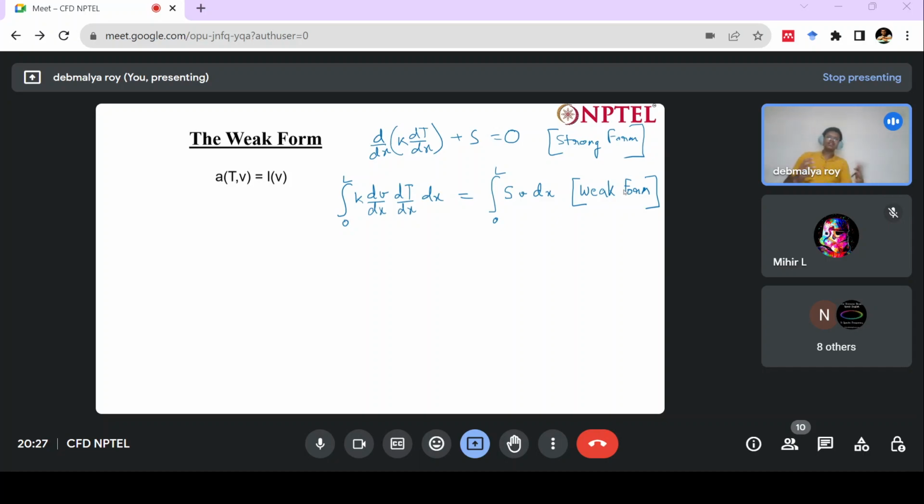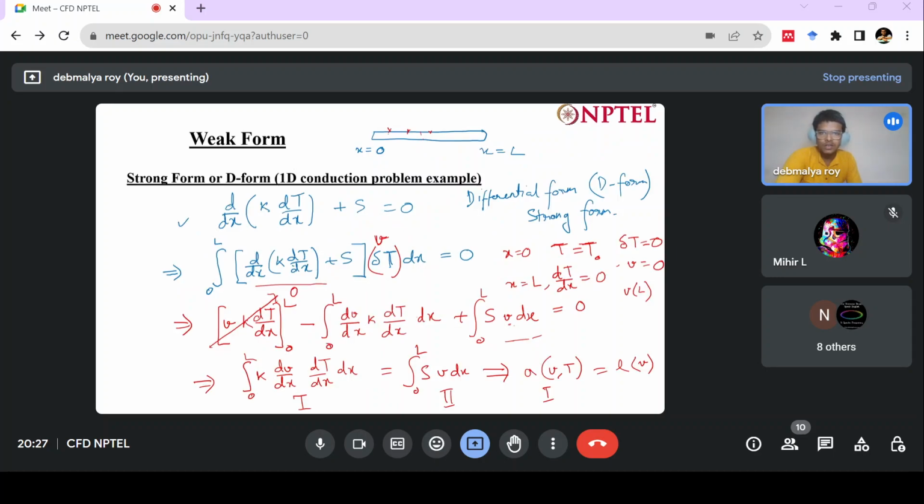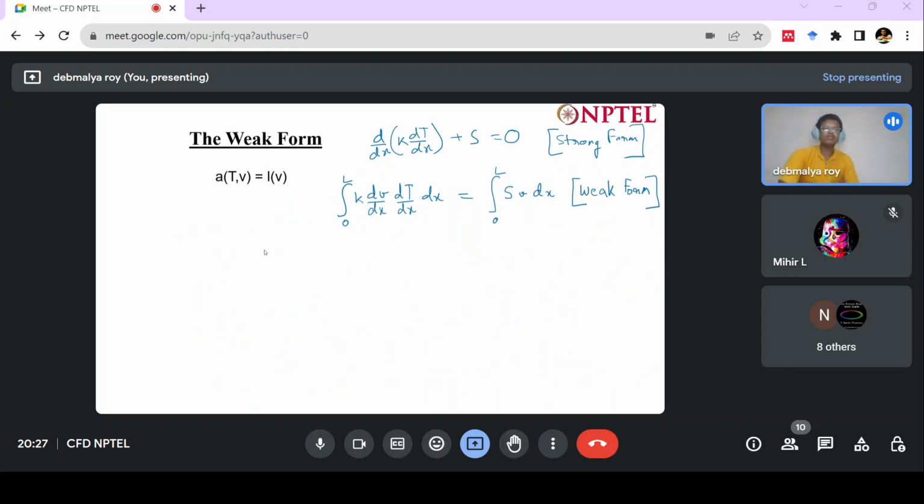But in an integral sense, you want the conduction equation to be valid. So you have to remember where this comes from. This comes from taking this variation, putting it across an integral, and over the whole domain you are setting it to 0. So in a weak sense, you are satisfying the conduction equation. That's why it's a weak form.